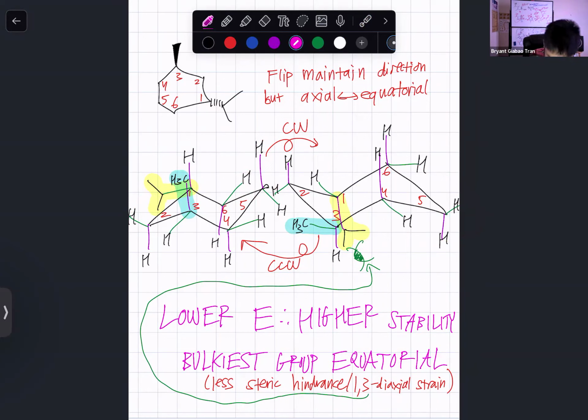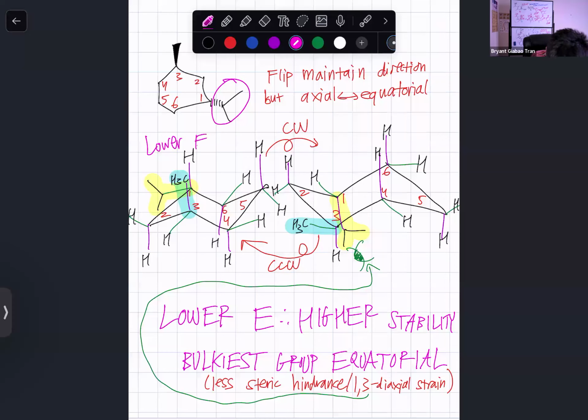Because the first thing you do to determine this is locate your most bulky group, which is isopropyl, and then we want that isopropyl to be equatorial, which is the left one here. The right one, the right conformer, the bulky group is on axial, which is less stable, higher energy. Right. So this left one here has lower energy because it is more stable. Because it has less 1,3 diaxial strain.